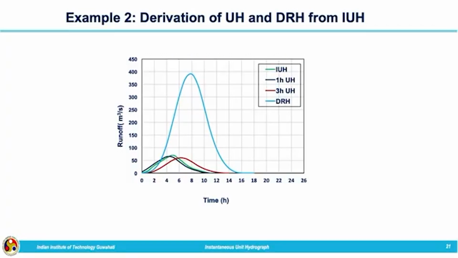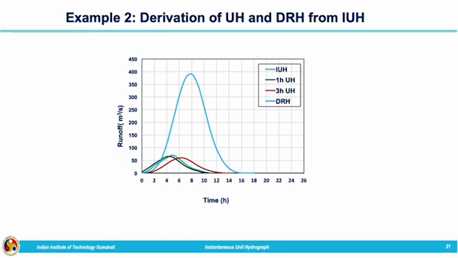Now, we can plot the graphs. First we have plotted the IUH, instantaneous unit hydrograph, represented by this green curve. Then from the given IUH we have computed the 1-hour unit hydrograph, given by this dark blue curve, and then comes the 3-hour unit hydrograph, drawn over here as shown by the red graph.